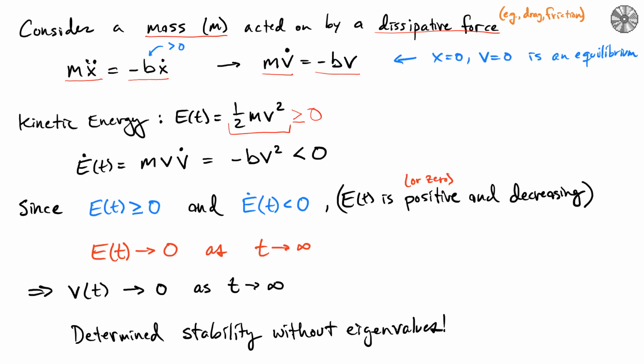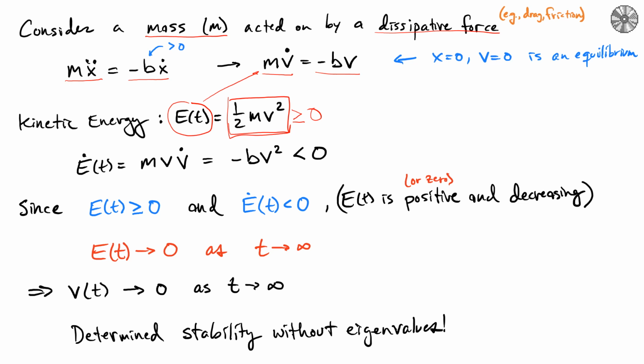Now we'll take a look at what happens along this function E in terms of this dynamic. What we do is take the time derivative of this function E, which means we take the derivative of this quantity, again the time derivative. This uses the chain rule, essentially one half m v squared.